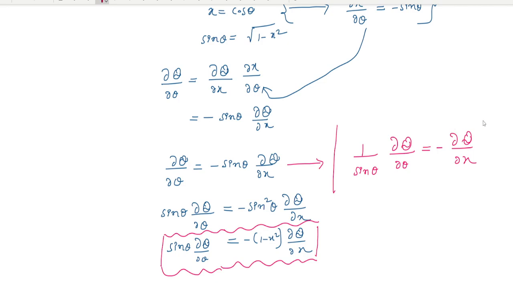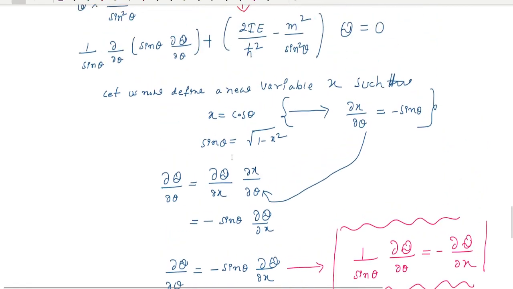This I got actually. So use these two terms here, in place of 1 divided by sin theta dou by dou theta, we'll get this one. So no need to use the function here. That's why I didn't use the function initially.